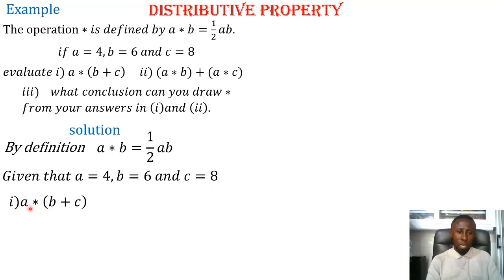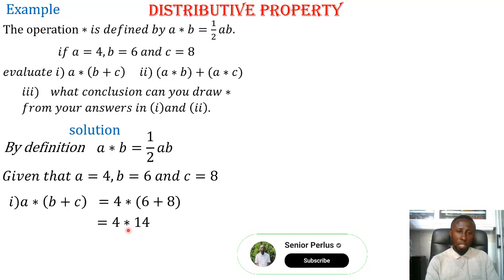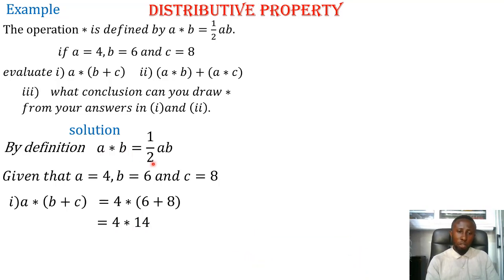Now, for this operation, we solve the one in the bracket first. We substitute: our A is 4, B is 6, and C is 8. For B plus C, you add and you get 14. Good. Now, from the definition, we know that A star B is 1 over AB.